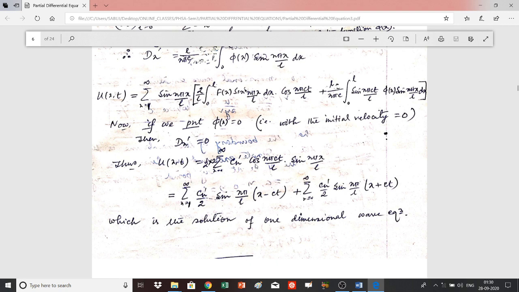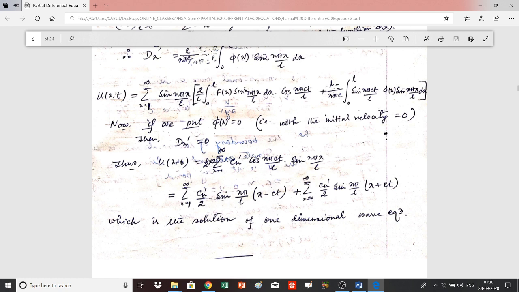So this term 2 sin n pi x by L cos n pi ct by L is in the form of 2 sin a cos b. That can be written as sin a plus b and sin a minus b. That is done. So that will give you the sum from n equals 1 to infinity of cn prime by 2 sin n pi by L times x minus ct.